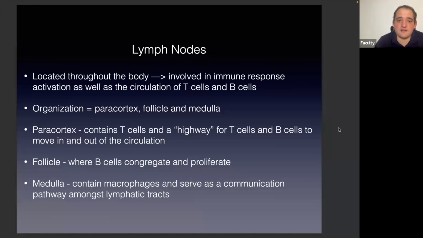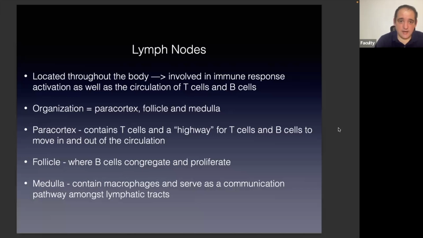So for example, we have clusters in so many different areas. The one I'm going to refer to in a little bit is especially the axillary lymph nodes. Axilla means right below your armpit, essentially. And that's a very common cluster of lymph nodes that's associated with breast cancer, for example. So those lymph nodes, the axillary ones, will drain that area, and one of the areas that leads into that is the breast.